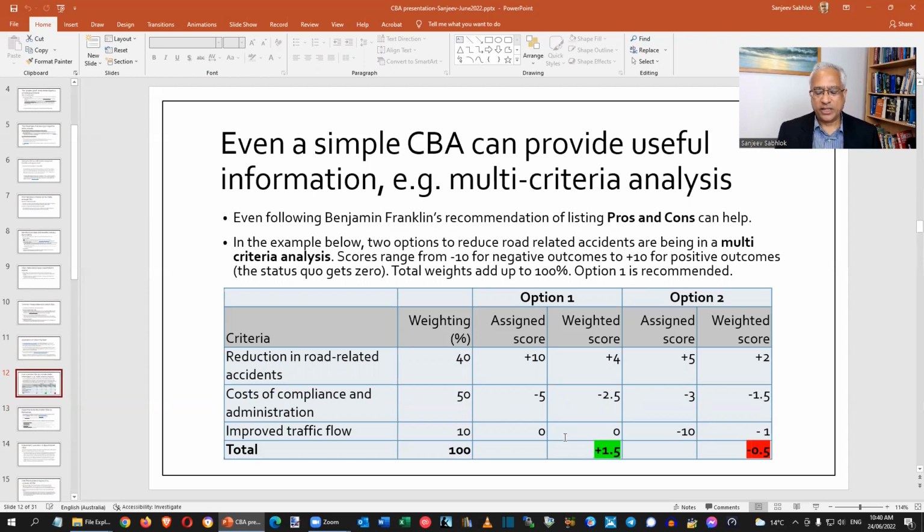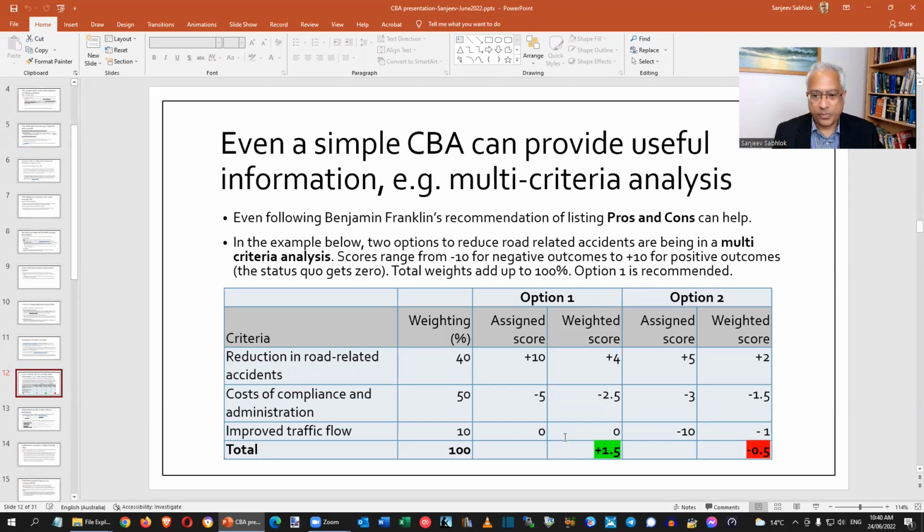So we look at option 1 and option 2, and we list out the things, and we weight these things 40%, 50%, 10%, or whatever weight we give to different activities or outcomes. And then we assign a score, which is based on the expert's opinion of that particular area. And we finally get a weighted score, which tells us at the end which one is the better option.